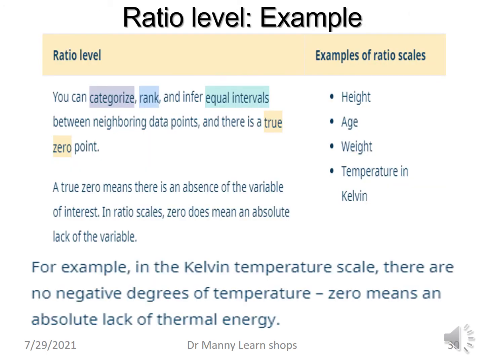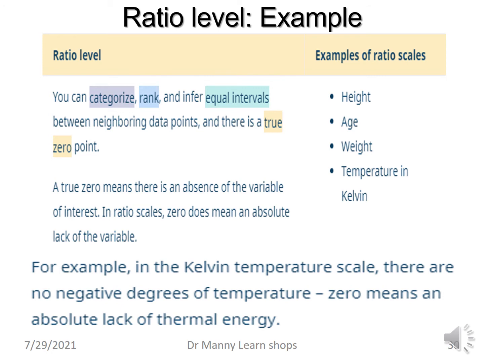Ratio levels. In a ratio level, you can categorize, rank, and infer equal intervals between neighboring data points, and there is a true 0 point. A true 0 point means that there's an absence of the variable of interest. In ratio scales, 0 does mean an absolute lack of the variable. So for example, the Kelvin temperature scale, there are no negative degrees of temperature. 0, however, means an absolute lack of thermal energy.